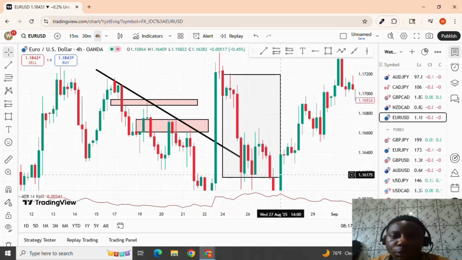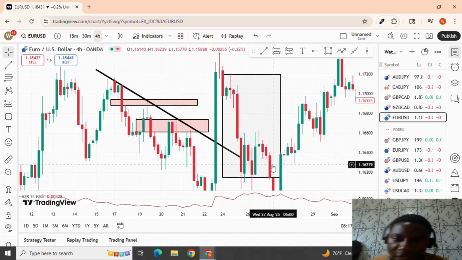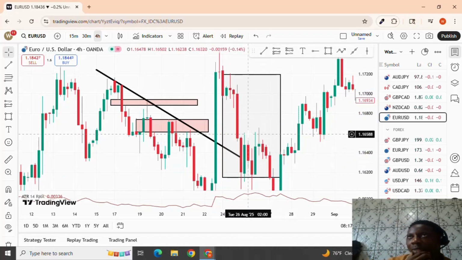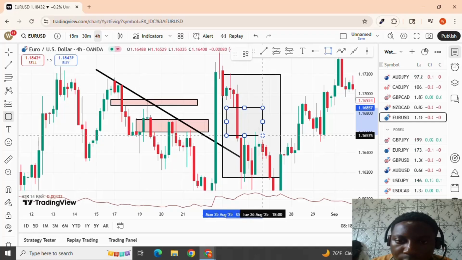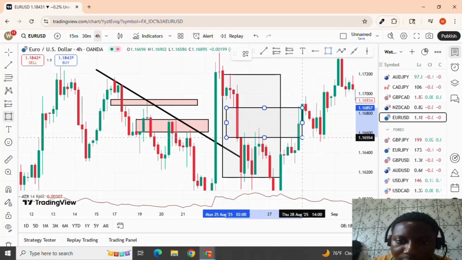Usually for those who don't know how to identify fair value gaps, what we need to do is look at the candles in sets of three. So you see this candle closed, the next candle opened, then the third candle, and then look for the space between those candles. And in this case, you see that from the wick to the wick of the third candle, that's the fair value gap.